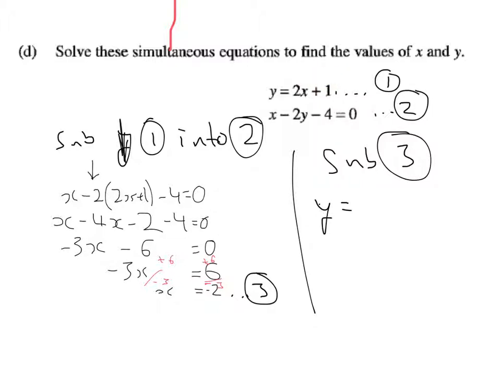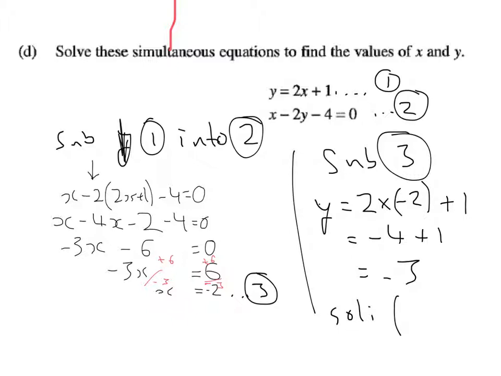So alright, y is equal to 2 times the value of x from the third equation, which was minus 2, so minus 2 there, plus 1, that's minus 4 plus 1, that is minus 3. The solution, x is negative 2, y is minus 3.